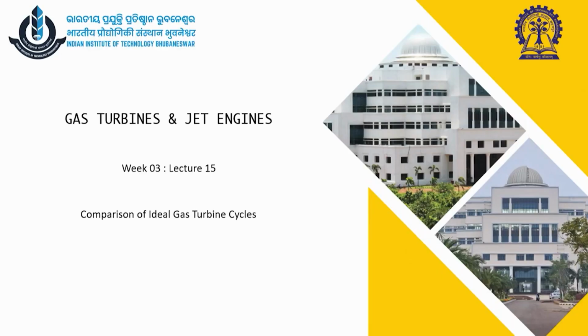In this class we will finish this first part, which was on the ideal gas turbines, and from the next class onward we will go into details of modifications needed in the analysis for actual gas turbine cycles or actual gas turbines.